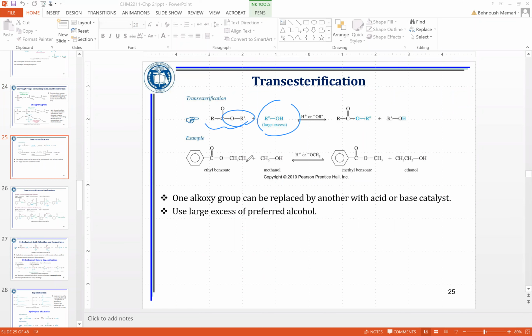If you want to replace the ethyl group with a methyl group, you start with ethyl benzoate, and you use an excess amount of methanol. The methanol is going to replace the ethyl group, the ethanol is going to form as a byproduct, and you get methyl benzoate rather than ethyl benzoate.